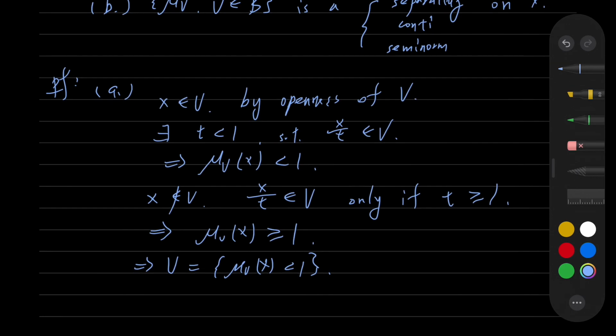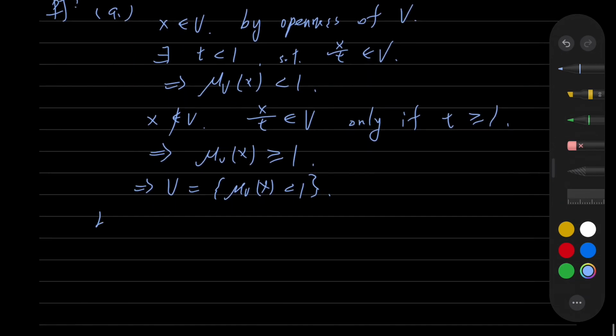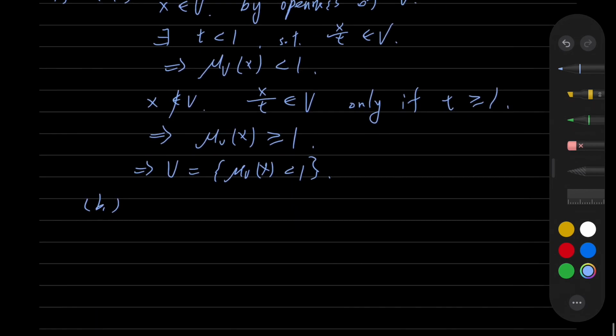And essentially, this is true for any convex, balanced, absorbing open set. So yeah, it need not be a neighborhood. So next, we want to prove the other two properties.